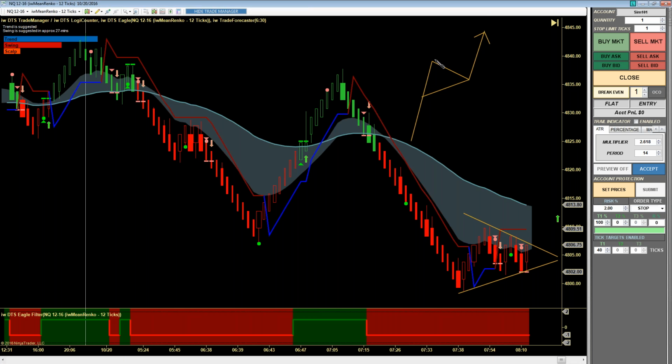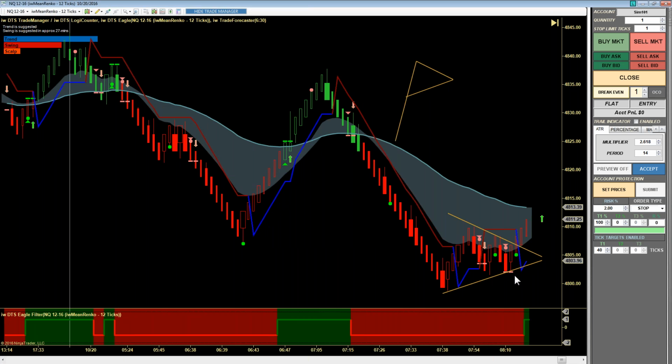What this is showing you is extreme consolidation. And as the market begins to consolidate more and more, really what's happening is it's becoming more and more neutral. Therefore, a breakout can go either way, although most times you'll see it continue the same direction that it took going in.